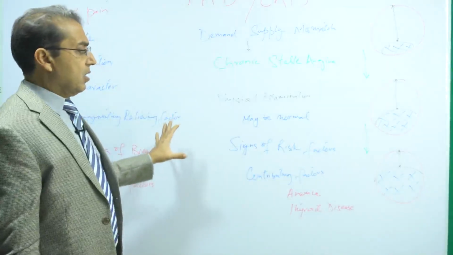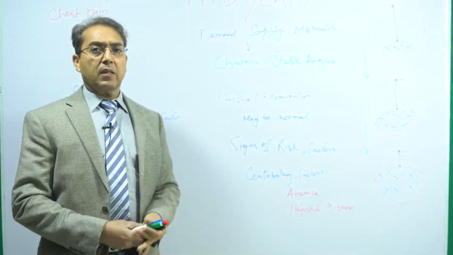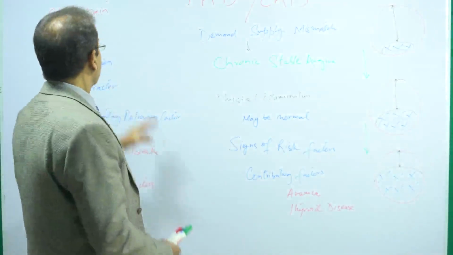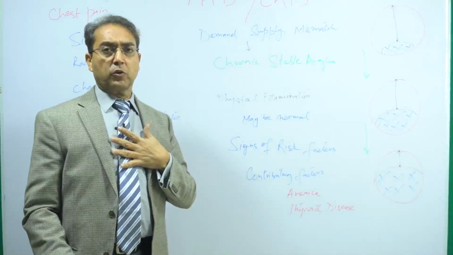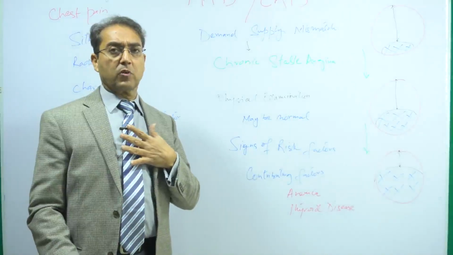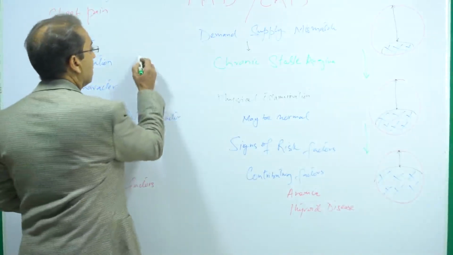And now, what are the differential diagnoses of this pain? You see, this is a central chest pain, which is diffuse and ill-localized. One of the most important differentials is esophageal disease.